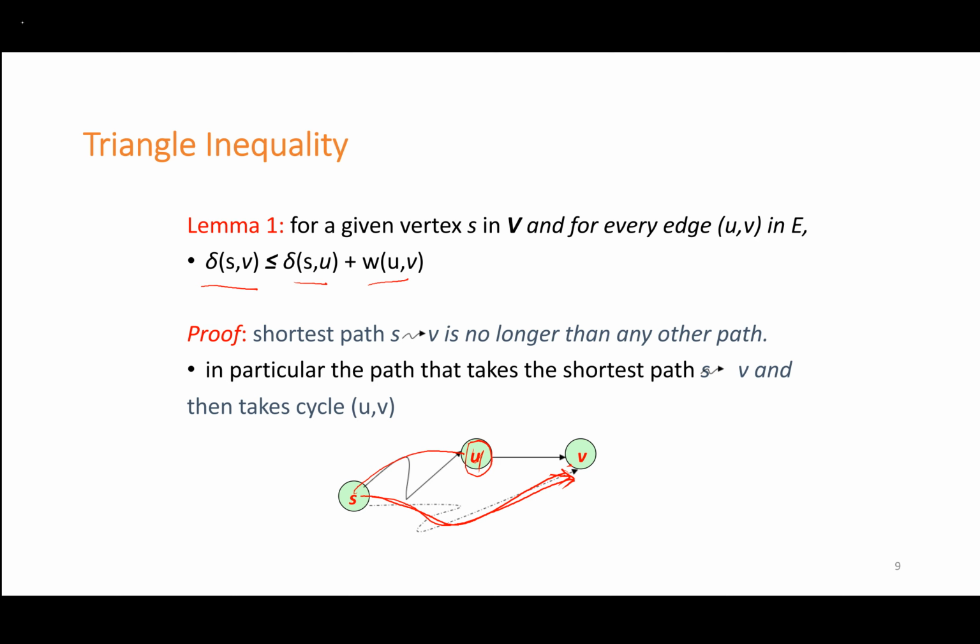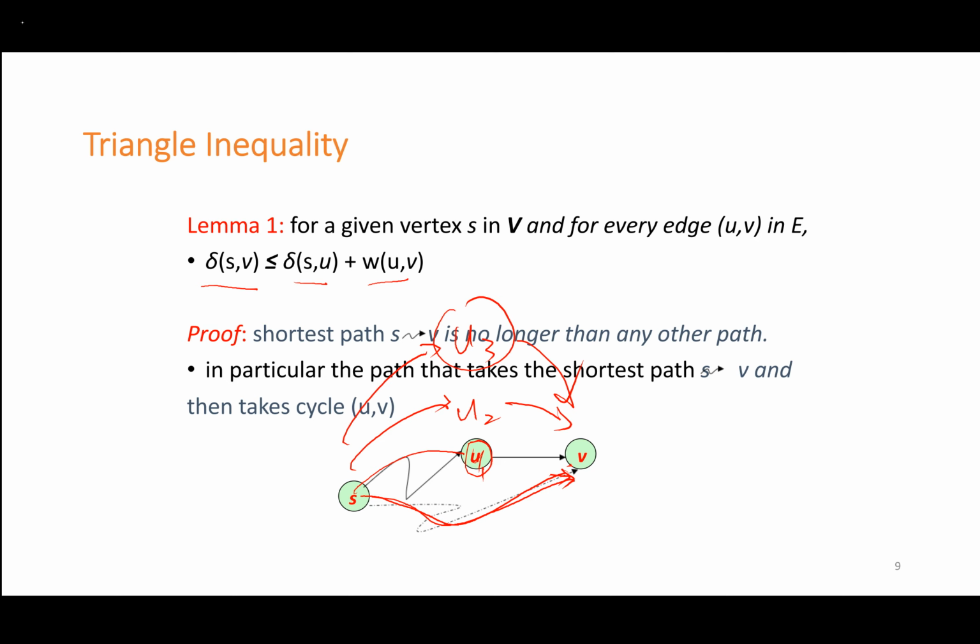Think about that, right? If you have many different vertices that can help you reach from S to U, you want to make sure that you get the smallest one. You want to get the minimum one.